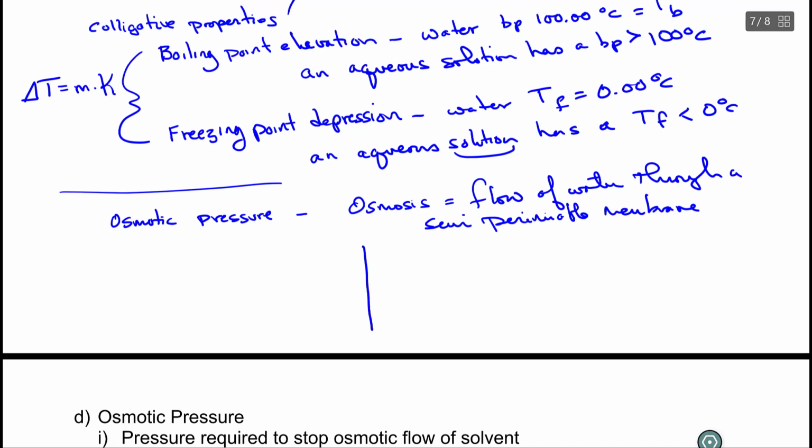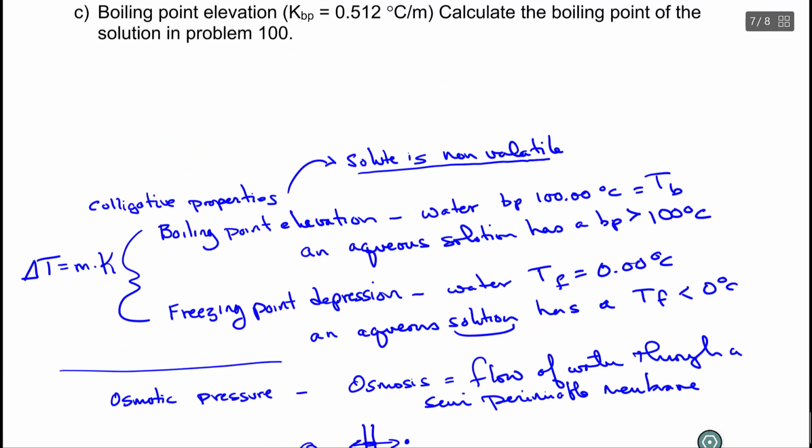Think about a membrane like this that has little tiny holes in it, and then solute particles like this that are bigger than the holes, and the water molecules are these little dots around them. The water molecules can go freely through there, but these larger solute particles can't because they're too big. So having stuff dissolved in solution creates what we call osmotic pressure through a process called osmosis. We'll get into that in the next section.